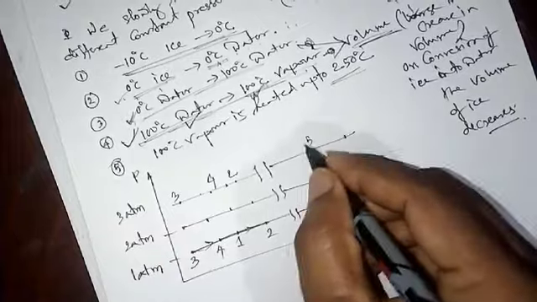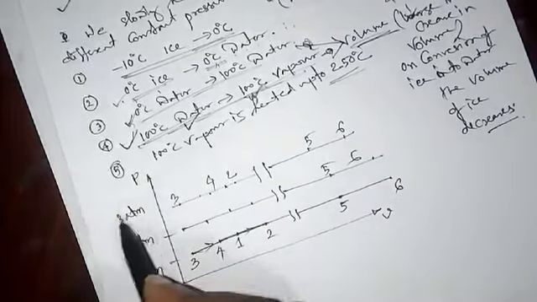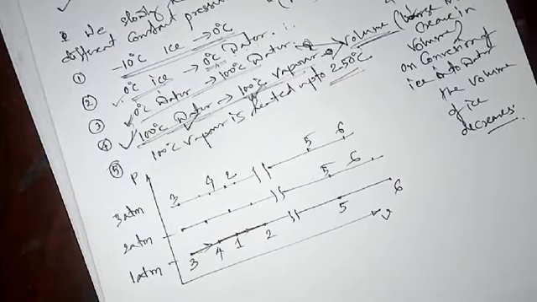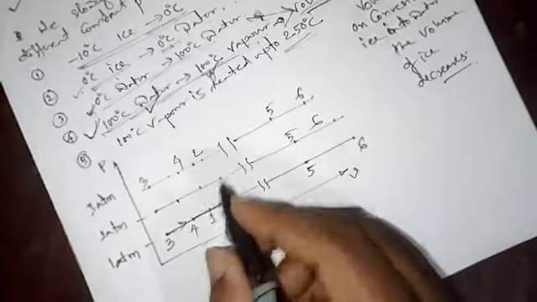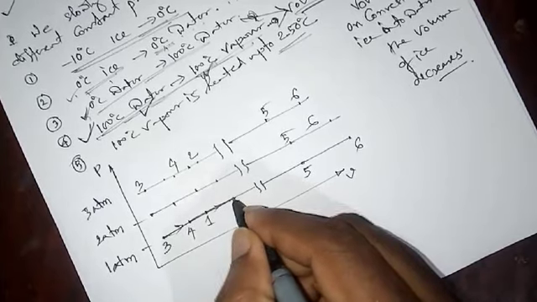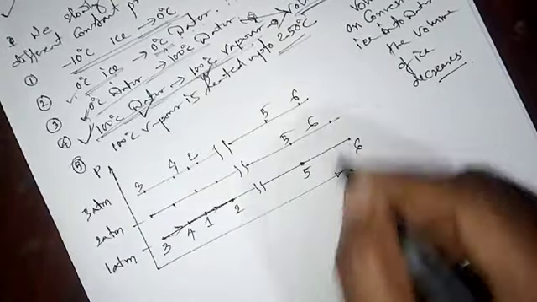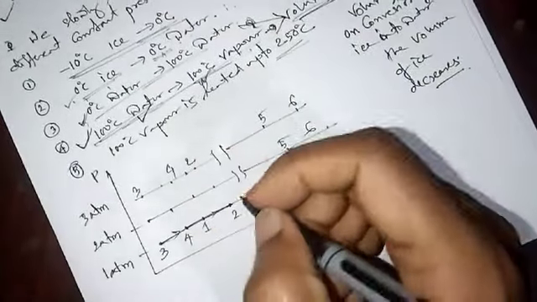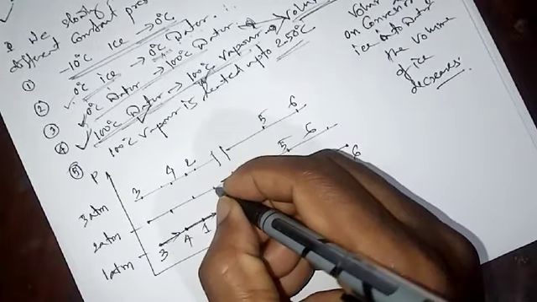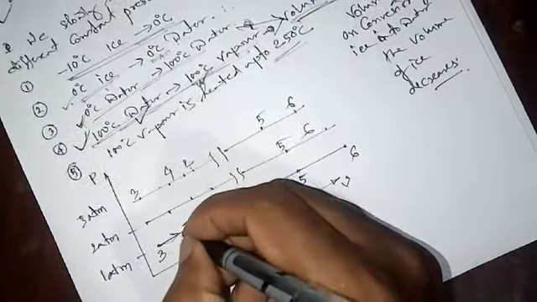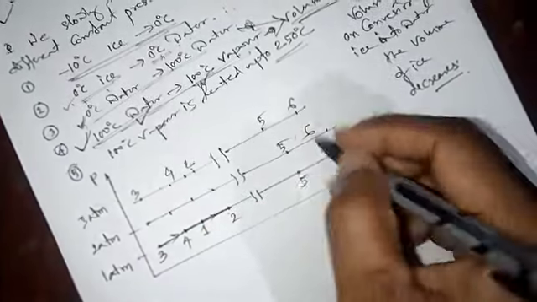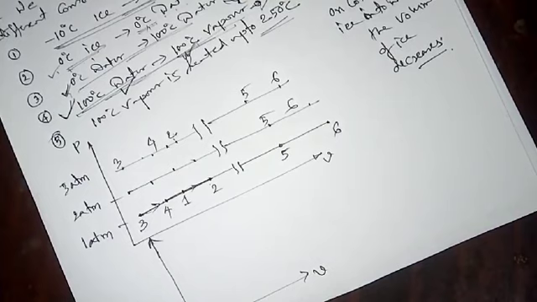So if we continue the experiment, this point 2 is a state, point 1 is a state, point 4 is a state, point 3 is a state, point 5 and point 6 are states. If we join the states, point 2, point 4, point 3, point 5 and point 6, then we will get the PV diagram of water for different pressures.